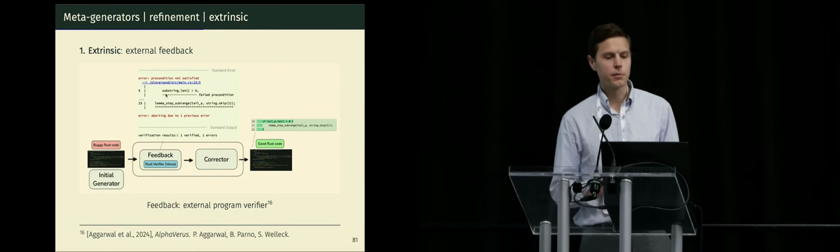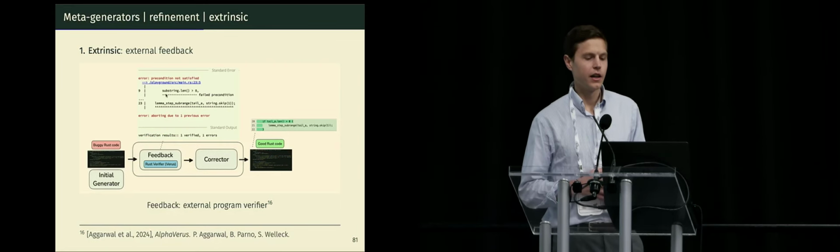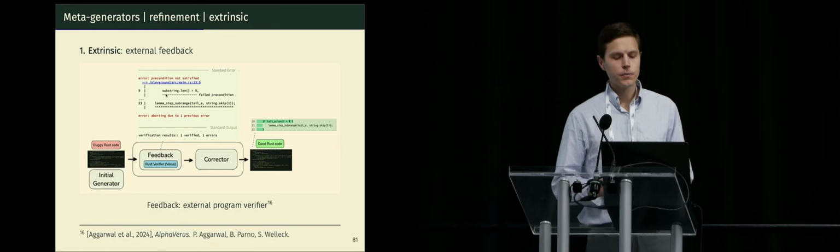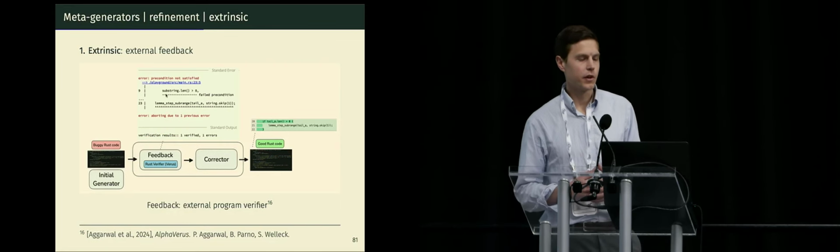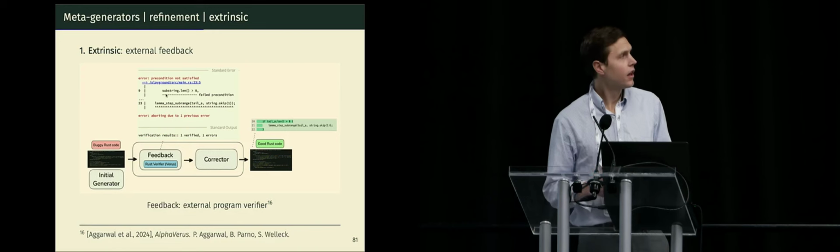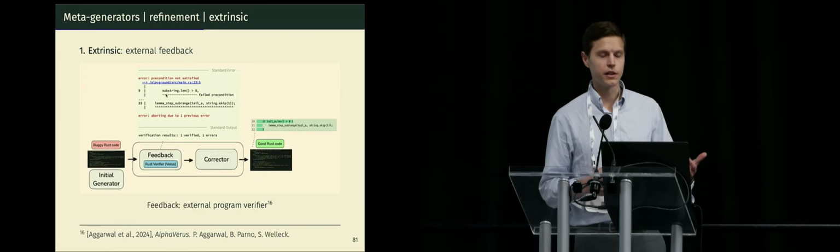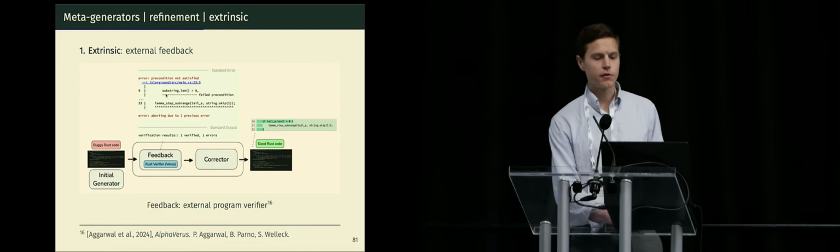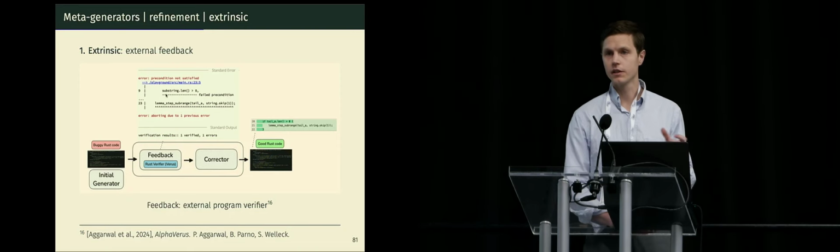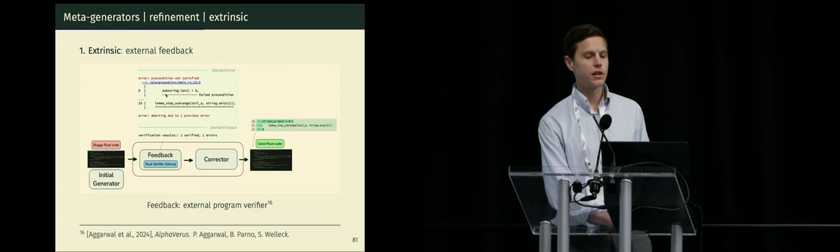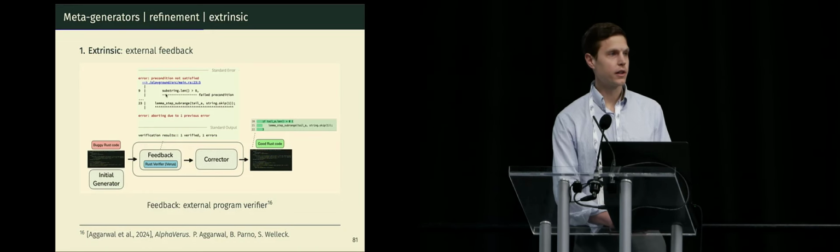A really classic example of extrinsic feedback is in code generation. Here's an example from one of our recent papers that incorporates a program verifier into generation. In particular, for some of these Rust programs, you can get a formal verifier, which tells you whether your program is correct or not.